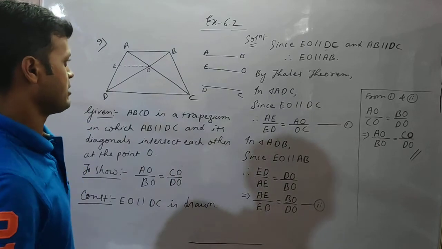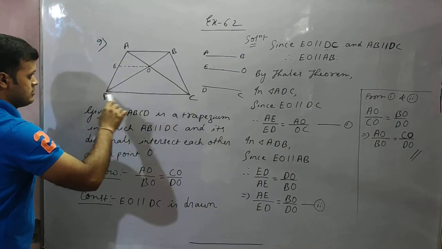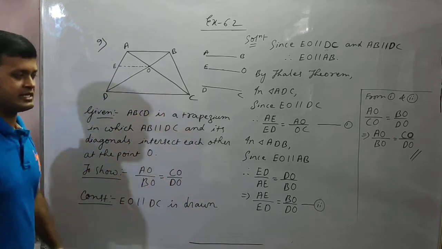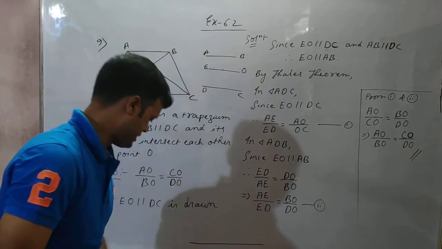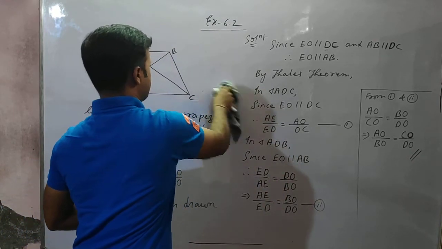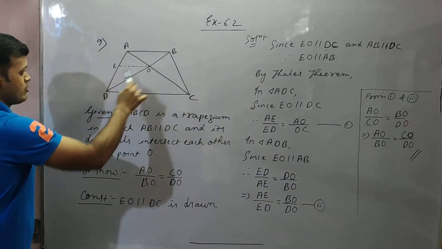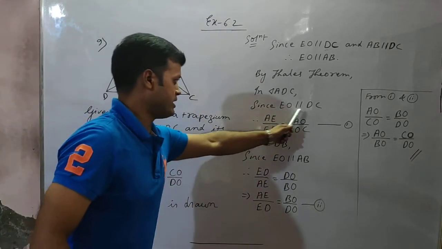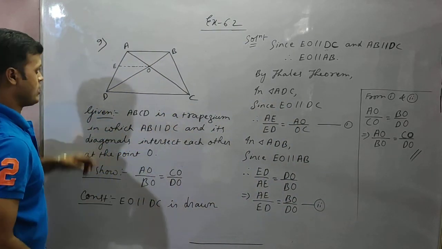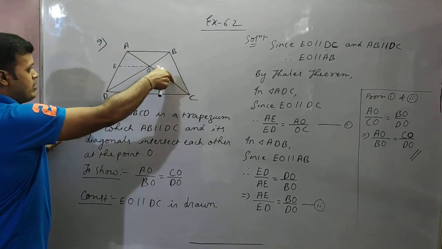So therefore, by Thales' theorem, in triangle ADC, since EO is parallel to DC, what will happen? AE by ED is equal to AO by OC, isn't it?